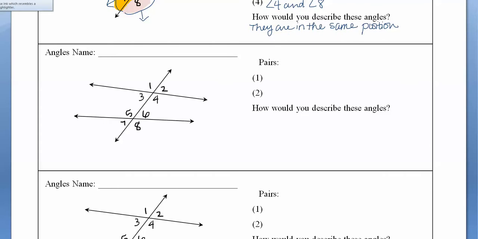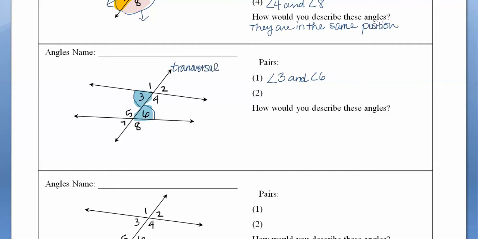I'm going to show you what they look like first, and then we will come up with a name second. So starting with angle 3, and then the other one is going to be angle 6. So 3 and 6. Well, think about how we would describe them. Well, they're on different sides of our transversal here.